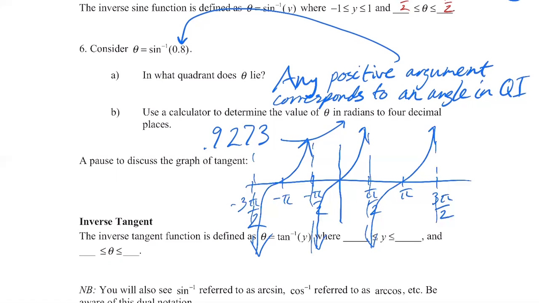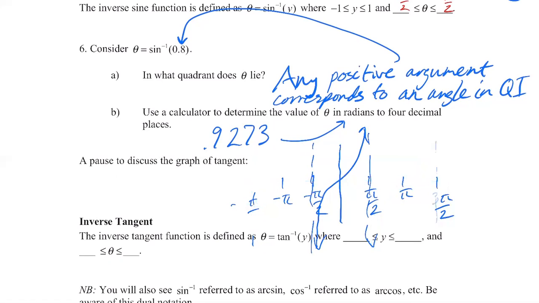We should just keep one of these, because the truth is we've just covered all of the possible values of tangent with that one sweep. So it's sufficient to have that particular chunk as the one we use for the inverse.